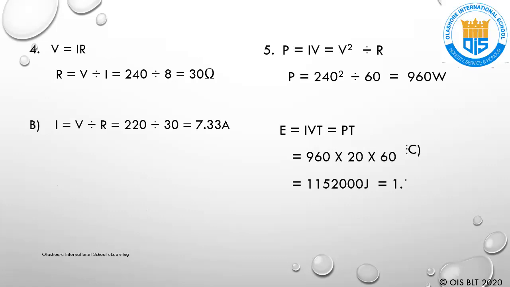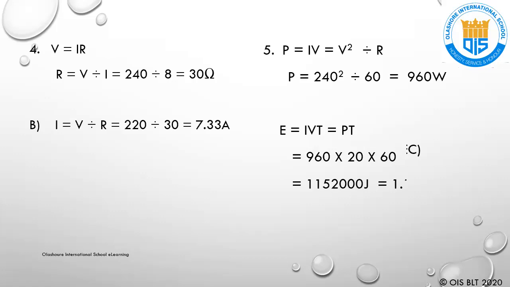And then the last 2 questions that we had was to test our knowledge of what we remember from Ohm's law. And our Ohm's equation is V equals IR, meaning that our R is V divided by I. So 4A, for instance, had asked us to find resistance, and that is simply V over I. That is 30 ohms.